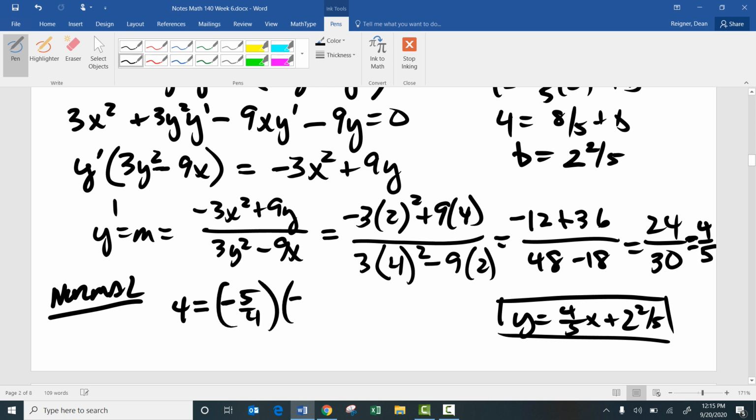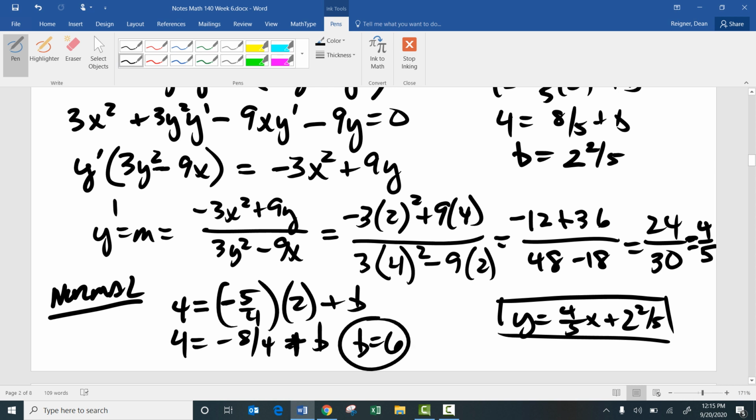So it's different. It's going to be a perpendicular slope plus b. So 4 equals -8/4 plus b. So that's a -2. So it looks like our b is 6 for that one. So our normal line, we'll squeeze down here, I'm running out of room, is y equals -5/4 x and then plus 6 for that.